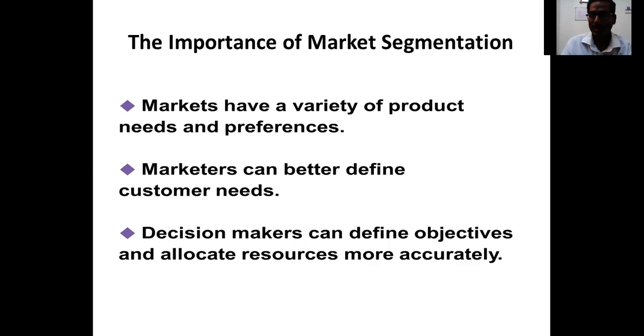That's why for certain products or services the market is segmented by gender. Marketers can better define customer needs. Decision makers can define objectives and allocate resources more accurately. So market segmentation helps in allocation of resources and in understanding our targeted market's needs.